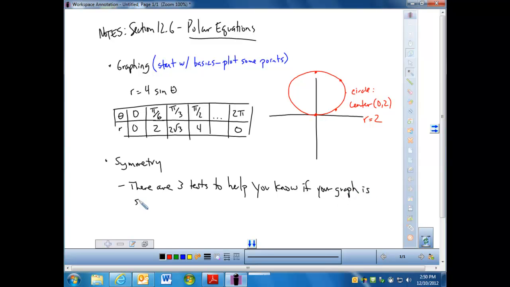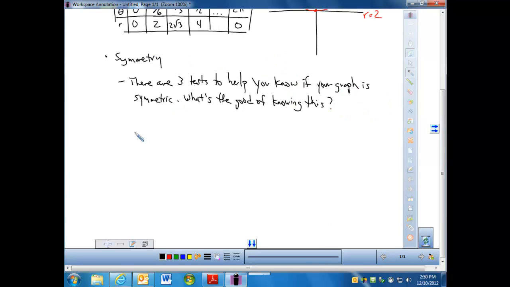And again, what is it that is important about knowing this? Why do you want to know if you have symmetry? I don't know if you've answered that question to yourself at all, but the answer to that is fewer points to plug in. You don't have to graph all the way up to 2 pi if you know that it has symmetry in one particular direction.